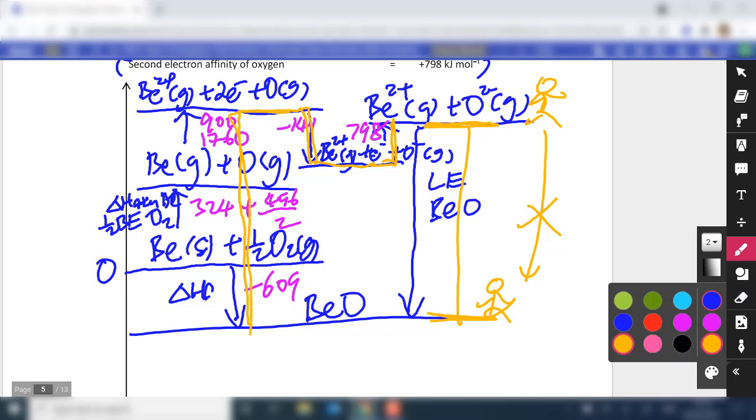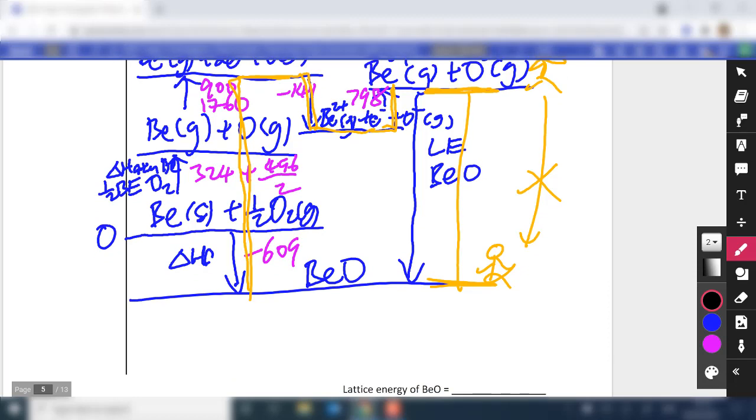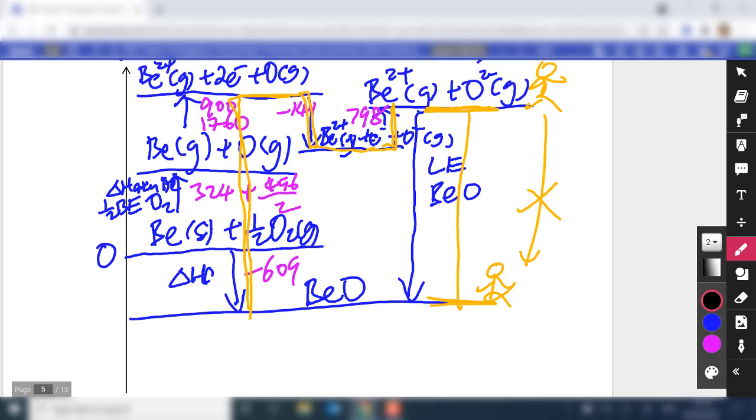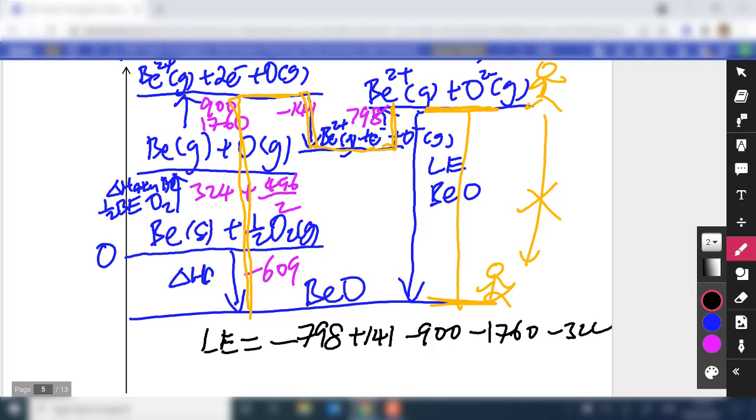So remember, if you are going against the direction of the arrow, then you have to switch the sign. Therefore, lattice energy in this case is equal to negative 798, plus 141, negative 900, negative 1760, negative 324, negative 496 over 2, negative 609.